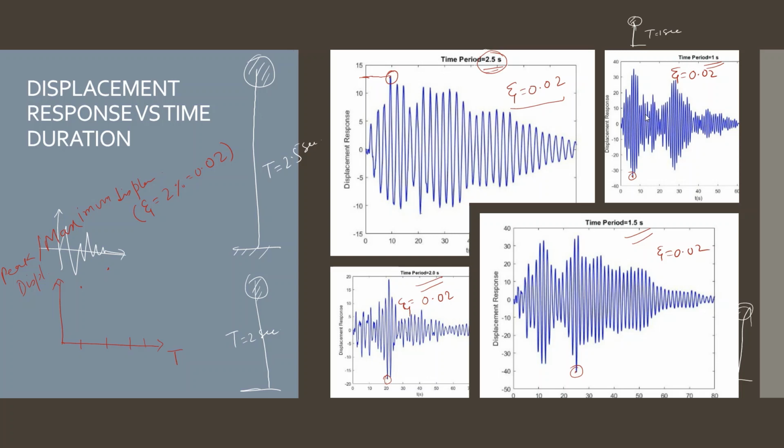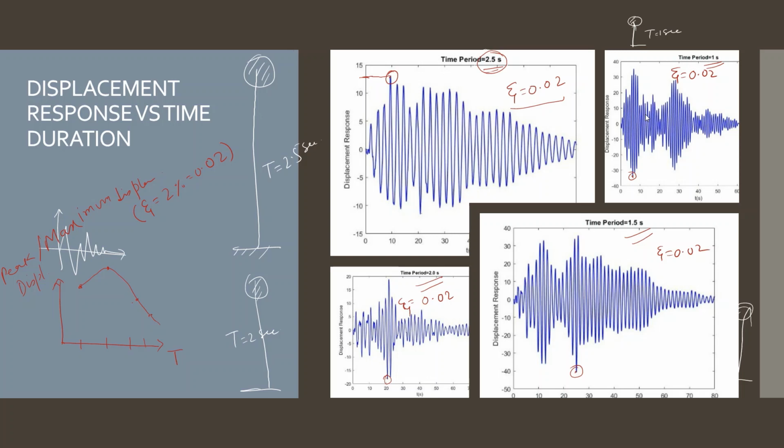Okay, then at 2 seconds we are having a value of somewhere around -20, and then at 2.5 seconds some value near -10, -12. So some curve would be like this.